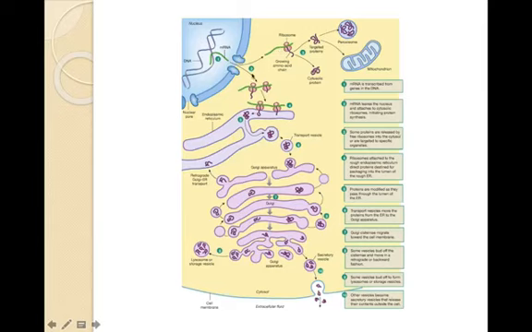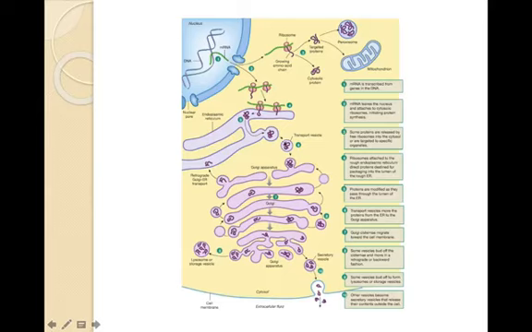Some of those proteins just remain as free proteins within the cytosol. Some are targeted for various organelles, and they go into the specific organelles. Some are packaged within the endoplasmic reticulum and then further transported through the Golgi to be brought outside of the cell.